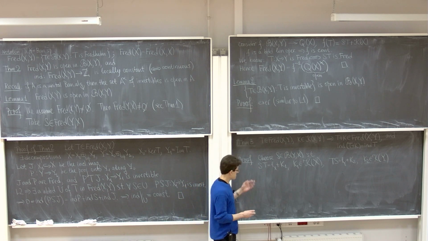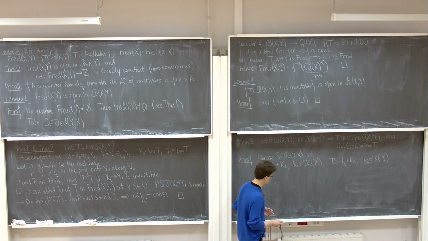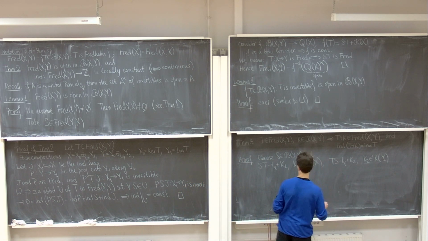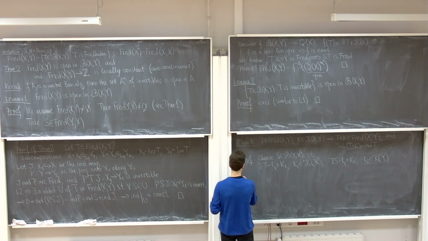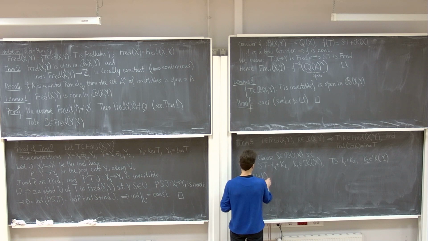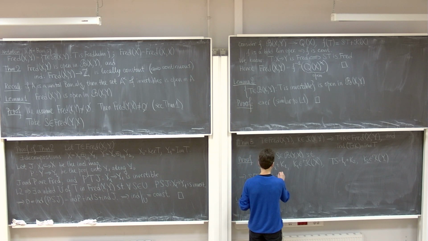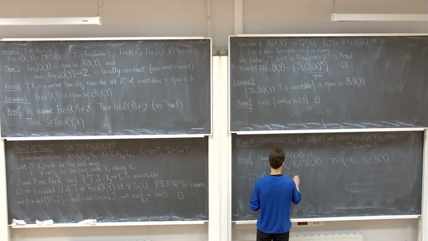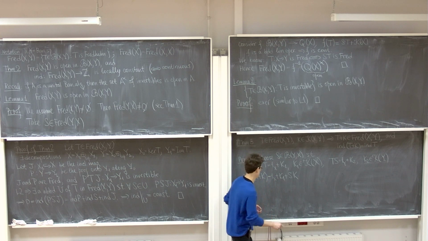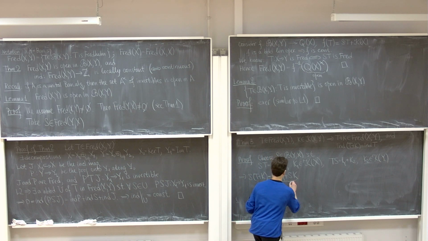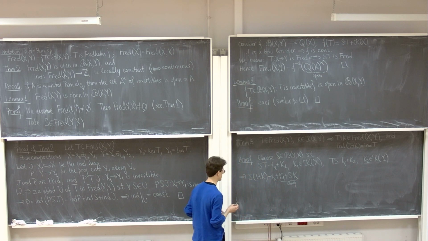I claim that the same operator S will be the essential inverse of T plus K. Well, indeed, if we multiply S by T plus K, then we get 1 plus K1 plus SK. And this operator is compact because K is compact and K1 is compact.